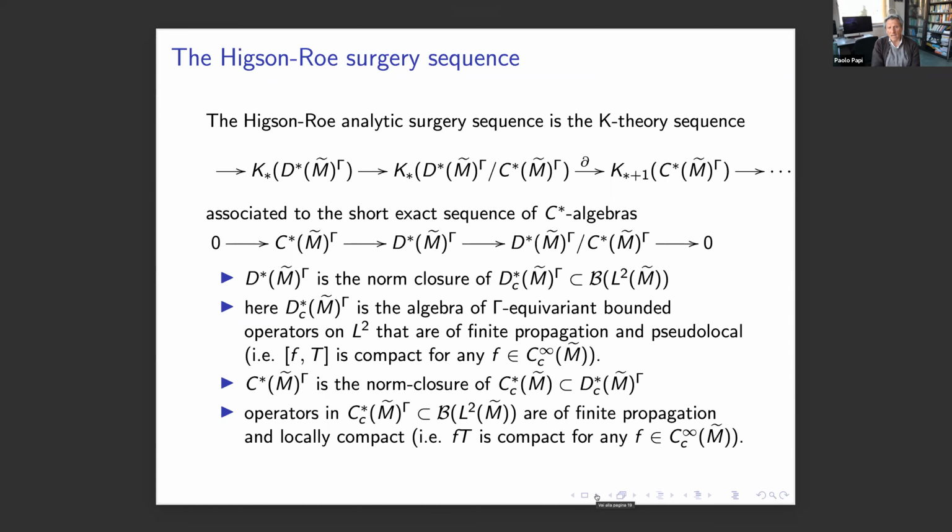Whereas C star is defined in a similar way, but you require the operators to be locally compact. Locally compact means that if you multiply T by a compactly supported function f, then you get a compact operator. C star is an ideal in D star, and therefore you get that short exact sequence.